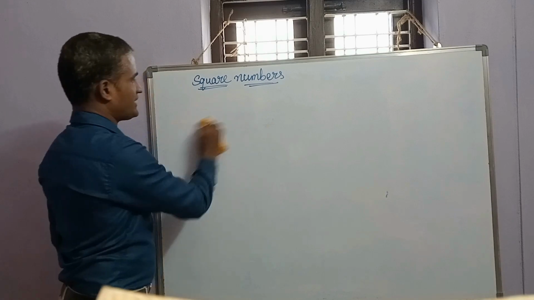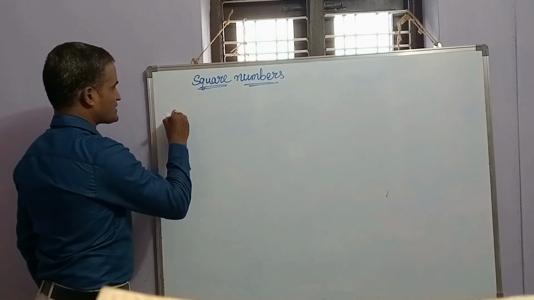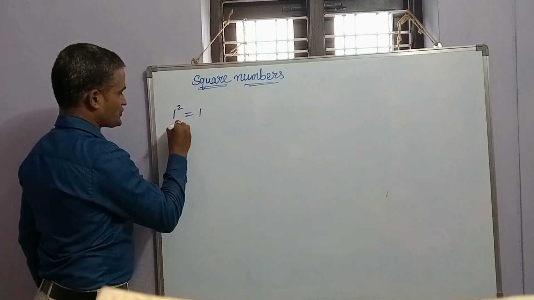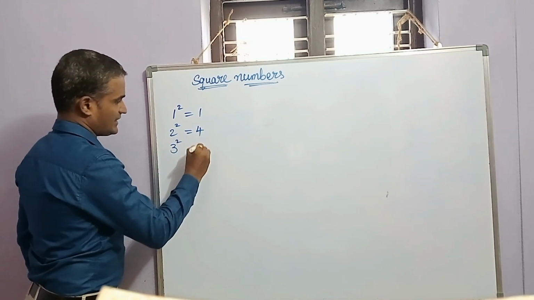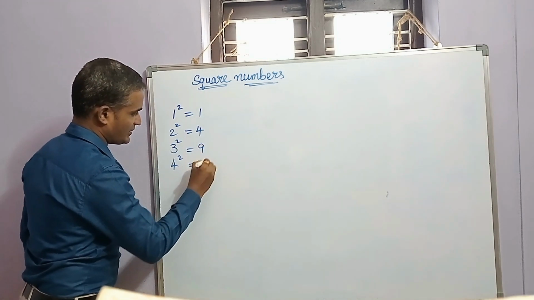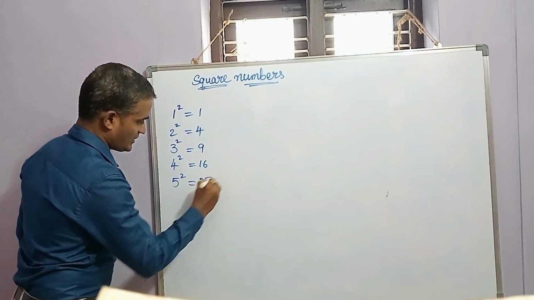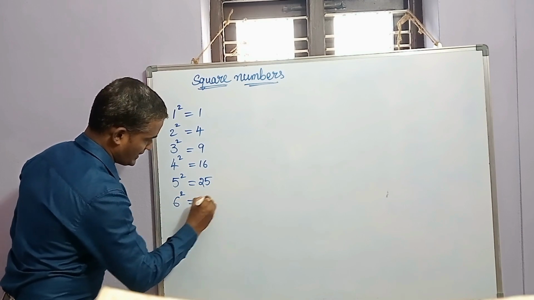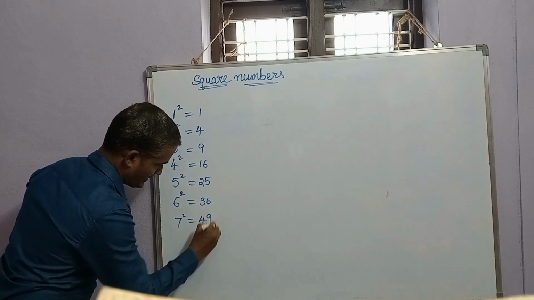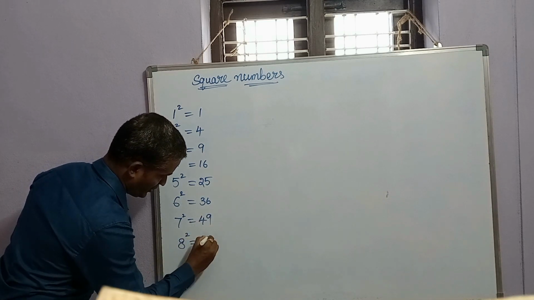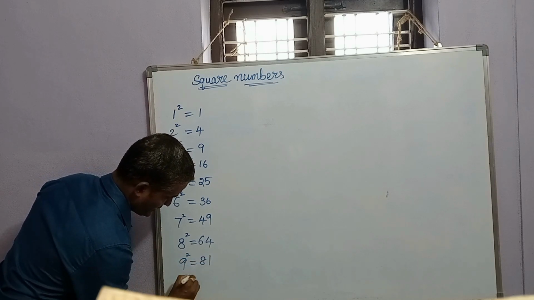First we'll write the square numbers from 1 to 20. 1 square is 1, 2 square is 4, 3 square is 9, 4 square is 16, 4 fours are 16, 5 square, 5 fives are 25, 6 square is 36, 7 square 49, 8 square 64, 9 square is 81, 10 square is 100.